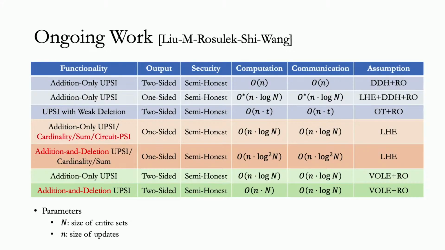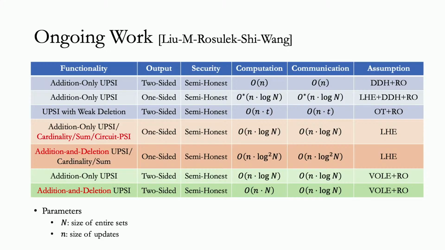If you look at the assumptions, the prior work was all based on heavy public key assumptions. But in our joint work with Mike and our students, we can base the updatable PSI on VOLE in the random oracle model, which I will talk more about later. I just wanted to mention that this is a subset of our results, and I'll talk about why that's just a subset.